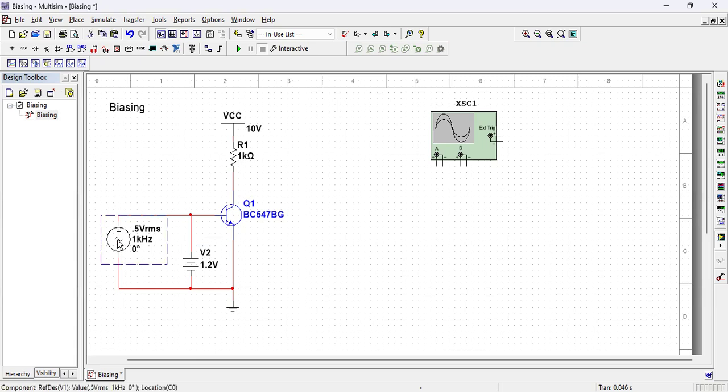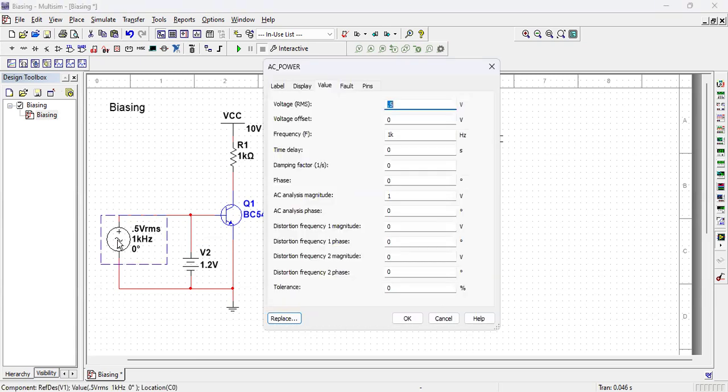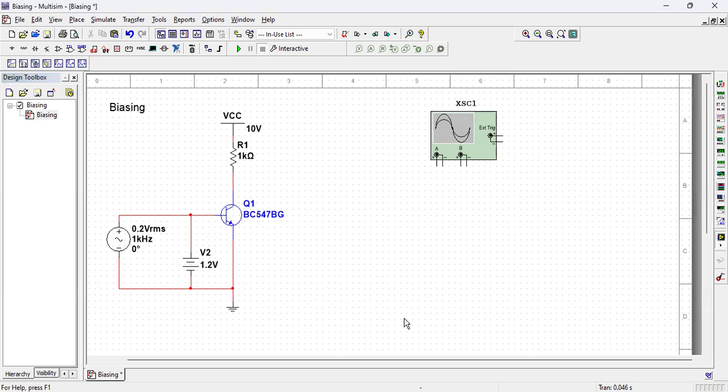And this value I make 0.2 volt RMS, 1 kilohm. Then what happens? This is 0.2 volt RMS, so its peak value is 0.2 multiplied by root 2, which is about 0.3 volt. So this is 1.2, and this is plus minus 0.3.